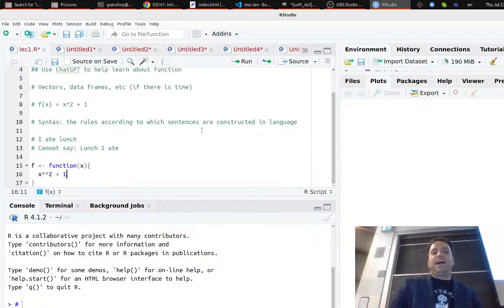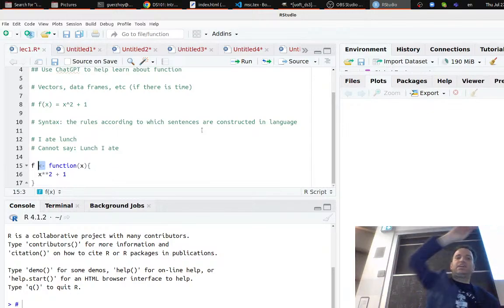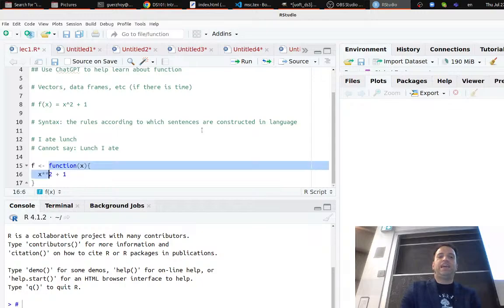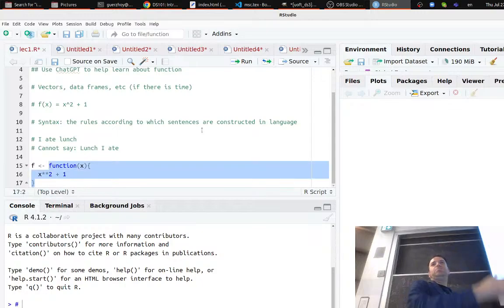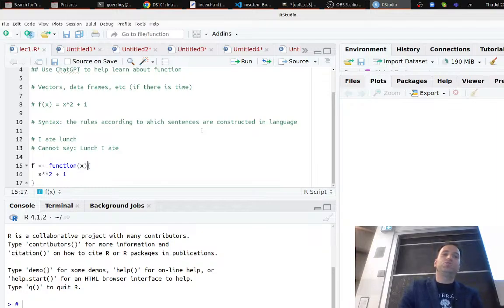The syntax in R says you have the little left pointing arrow, and that means take whatever is on the right hand side and stick it in the left hand side. In this case, we're saying this is going to be put in f. The syntax rules also say that function is a special keyword. If you say function, that means that you're defining a function.